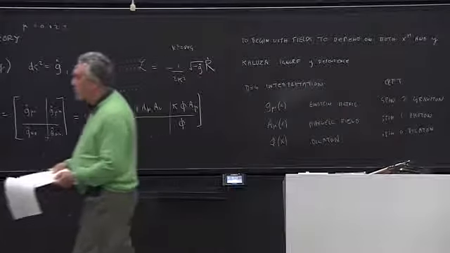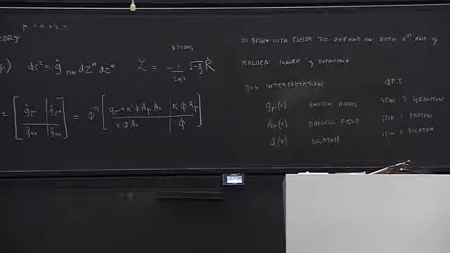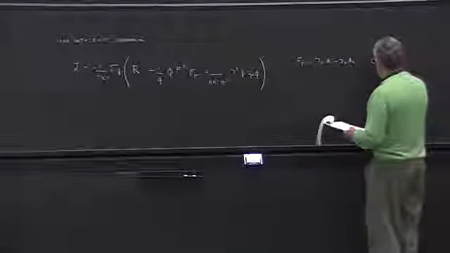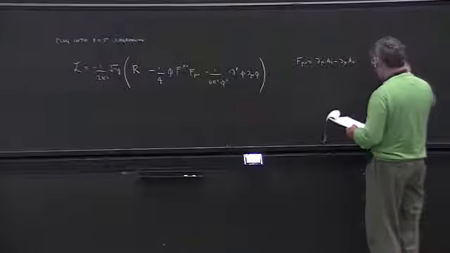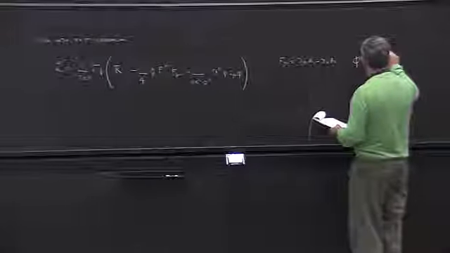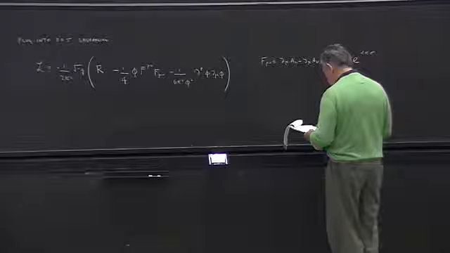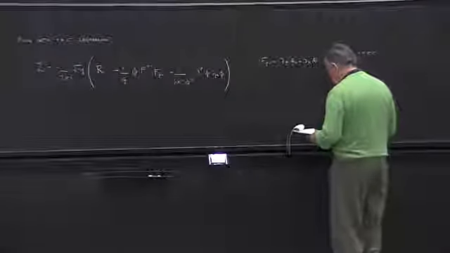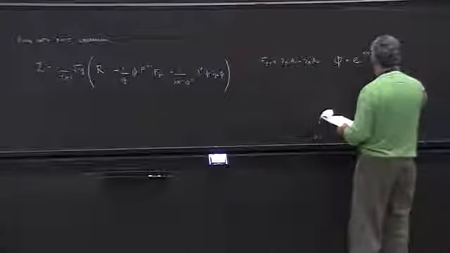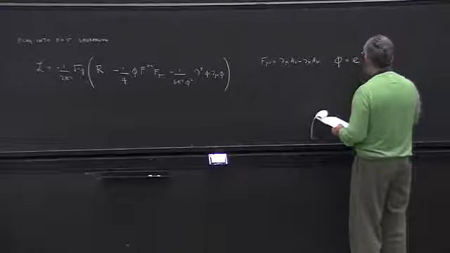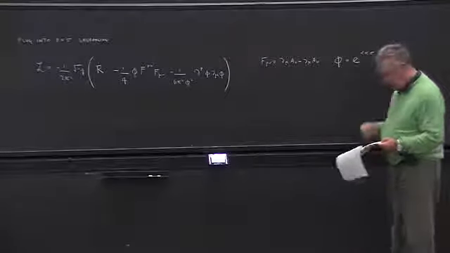But this is just a choice of parameterization. And it's convenient to define φ as e to the ακσ. Let me leave alpha arbitrary for a moment. We'll fix it in a moment.